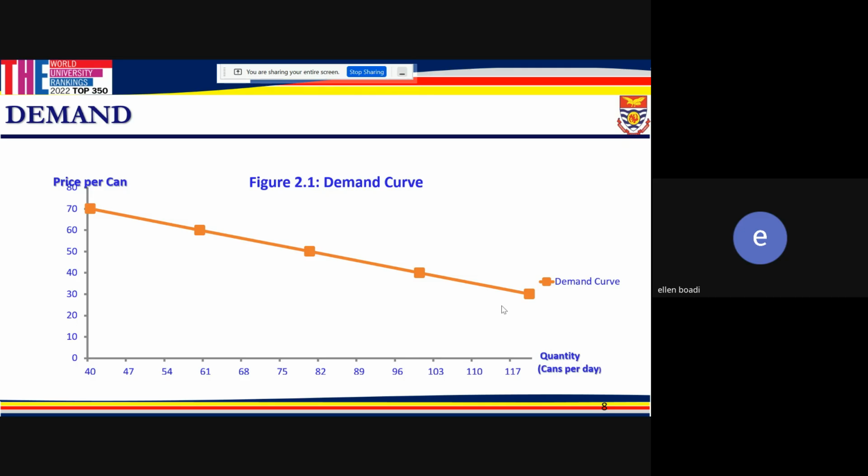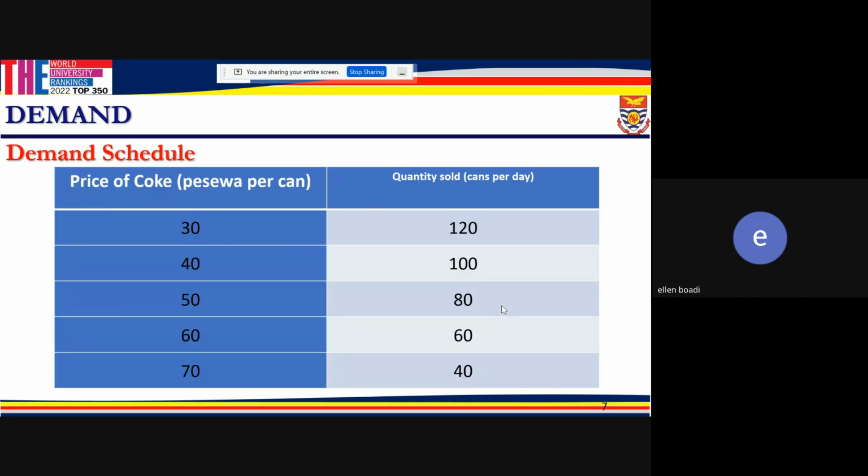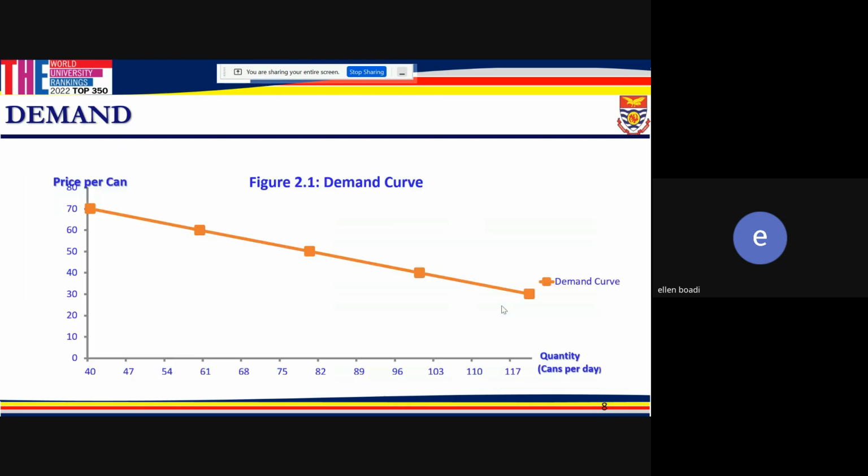So we realize that at price 30, the quantity was 120. So if you plot it, 30, quantity 120, you plot them, you have a curve like this, and it's sloping downwards.